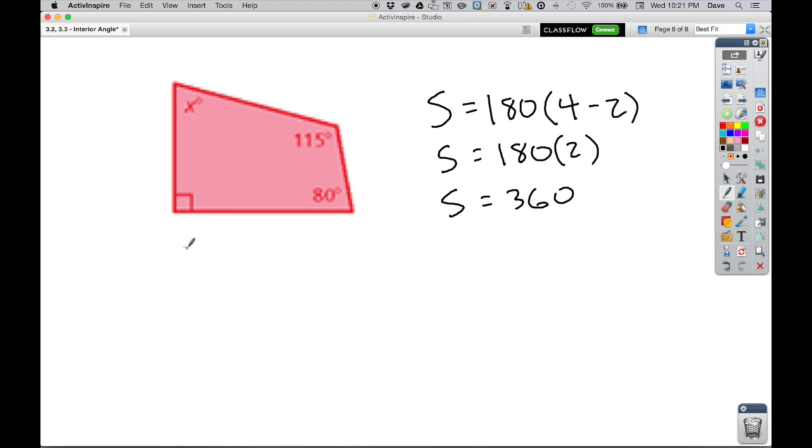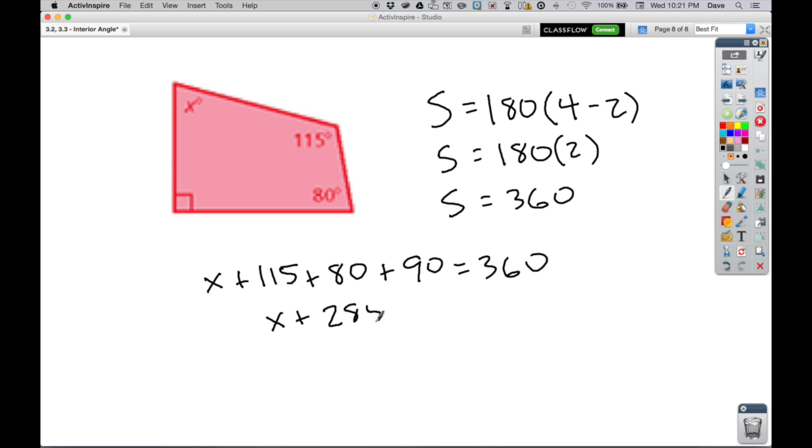Now I can write an equation. X plus 115 degrees plus 80 plus 90 equals 360. All this added together, we get x plus, let's see, 80 plus 90 is 170, plus 115 is 285, equals 360.